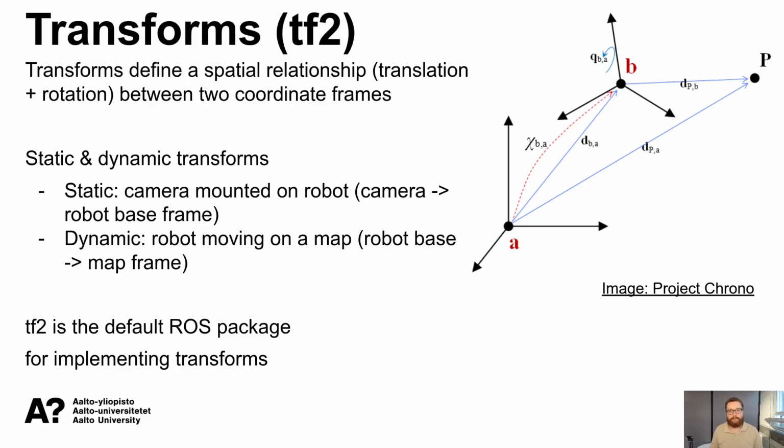For example, you have a coordinate frame for your map or world, and you have your robot coordinate frame. If you want to transform information between these two coordinate systems, you need a dynamic transformation, since your robot is moving in the world, in the map, and therefore this transform is continuously changing. And how you implement transforms in ROS is with this TF2 package.